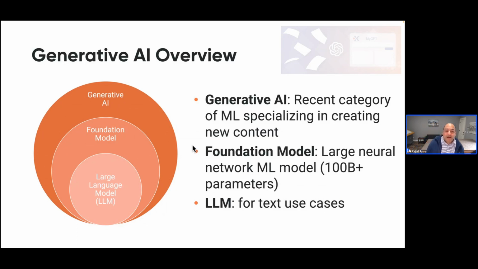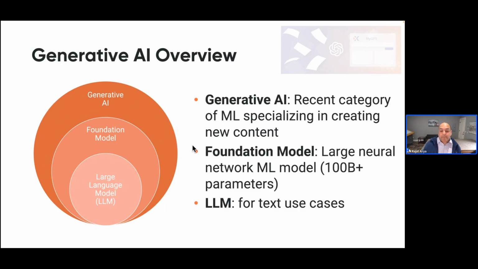All of generative AI is built on top of a set of foundation models. Now, what is a foundation model? It's, again, just a machine learning model, specifically a large neural network model. What makes these neural network models special? Why are they called foundation models? It's only because they are huge, 100 billion parameters or more.